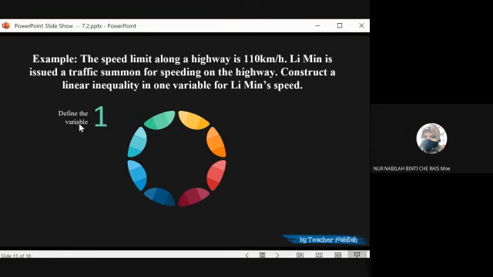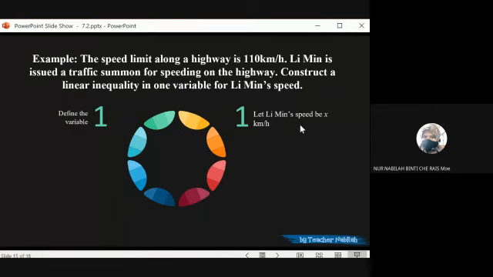First, you define the variable. Okay, you define the variable. In this case, because we want to construct a linear inequality in one variable for limit speed, we said that limit speed be x. Let's say limit speed be x kilometer per hour.